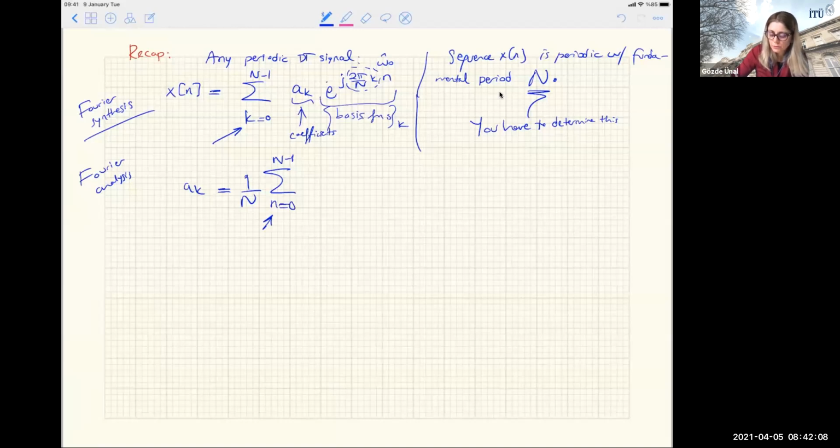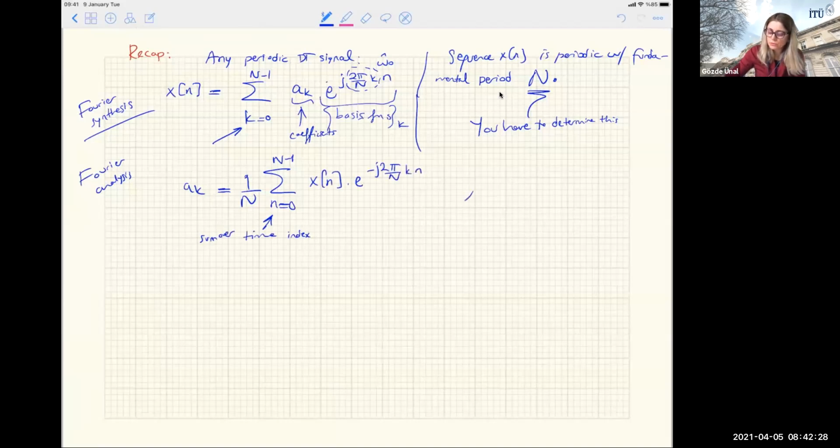Here I'm summing over the time index. x of n is projected onto the conjugate of the basis function, e to the j 2 pi over N k n. Okay, so this was it.